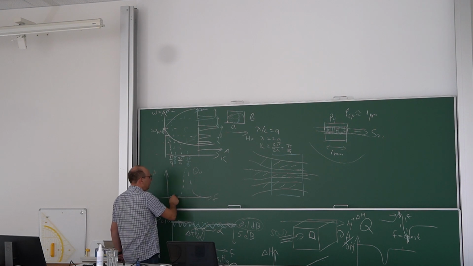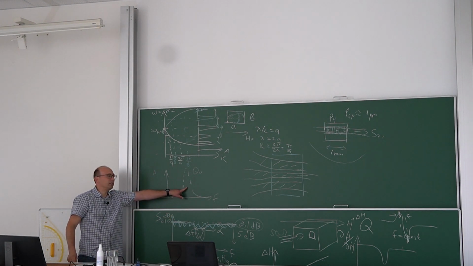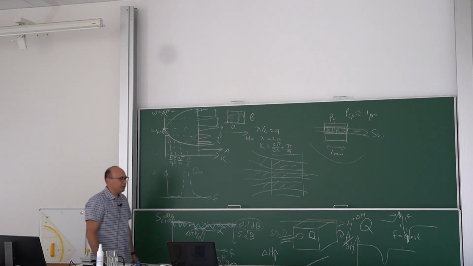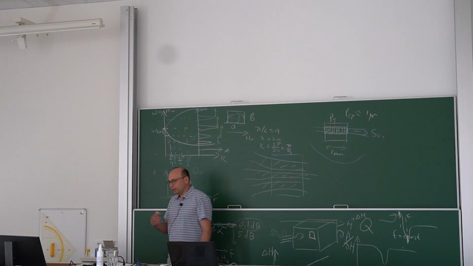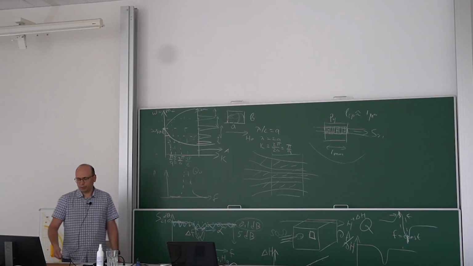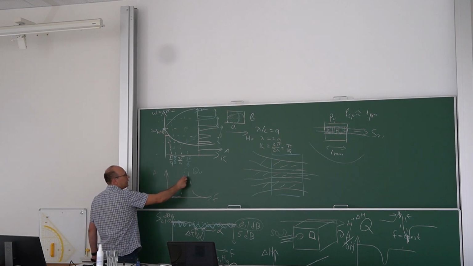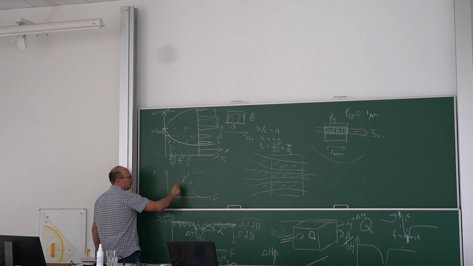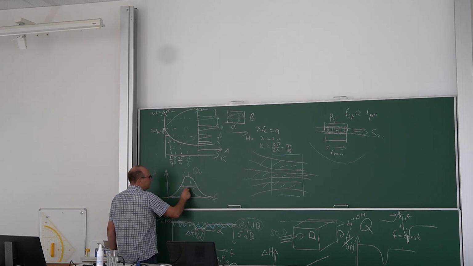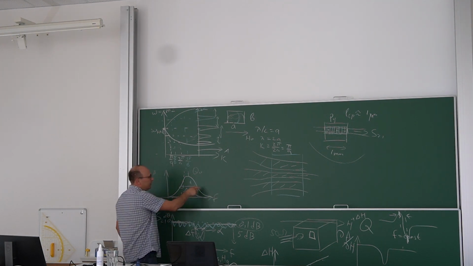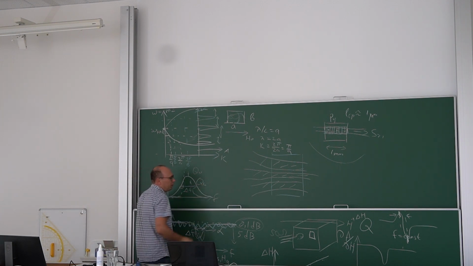And principally you want to work always, in the case of FMR, you want to find this line width. If now you load this resonator strongly, the load will change the quality factor of your resonator, and this you see as an increase in the damping. It means that your delta H, delta F will increase because it's loaded. And then we're speaking about Q loaded.